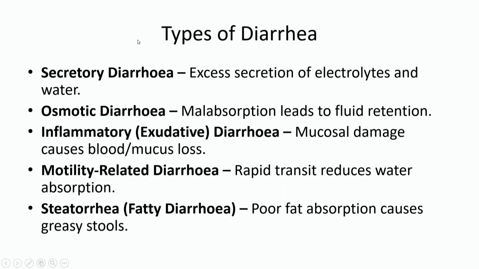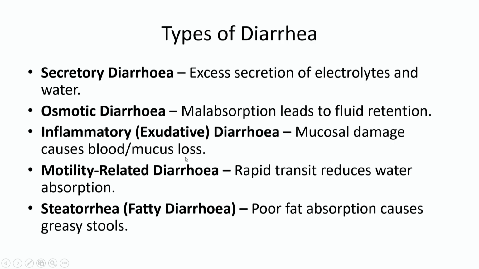The types of diarrhea. Now, secretory diarrhea: excess secretion of electrolytes and water in your intestine. Osmotic diarrhea: malabsorption leads to fluid retention. Fluid is retained, food is not being absorbed. And inflammatory, exudative diarrhea: mucosal damage causes blood and mucus loss.